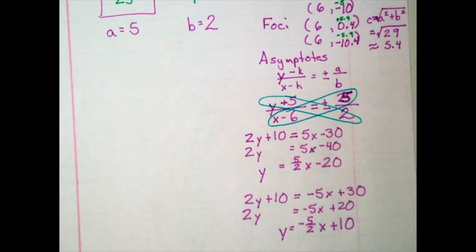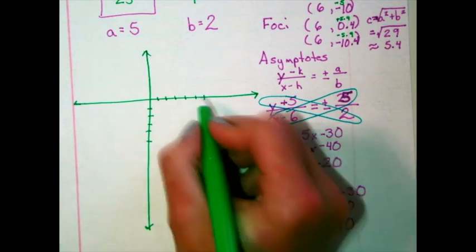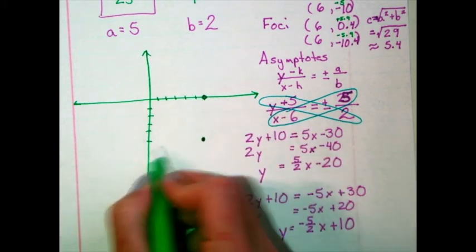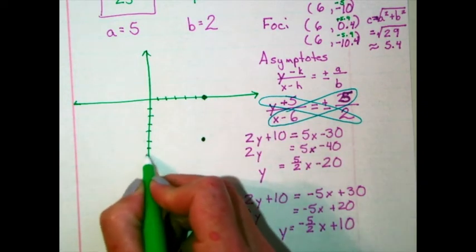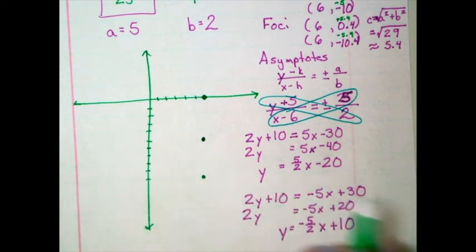Now if we graph these two equations and if we count the slopes, it's going to match. So let's draw this out. So here's our center at 6, negative 5. And here are our vertices at 6, 0, and 6, negative 10. And we can go ahead and put our focus points on there.